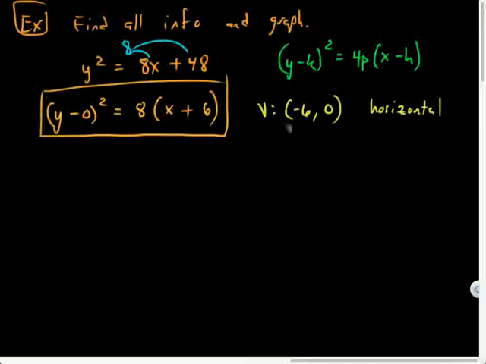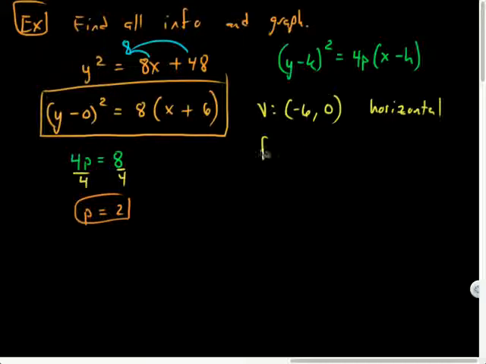Let's see. What else do I know? I need to find out what the value of P is. Now, I know that 4P is going to equal this number here. Okay. So 4P equals 8. So to solve for P, I'd divide both sides by 4. And I'd end up with P equals 2. Okay?